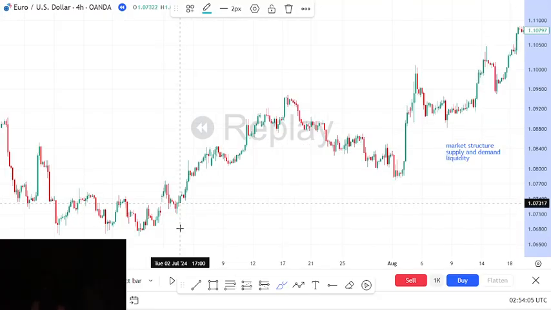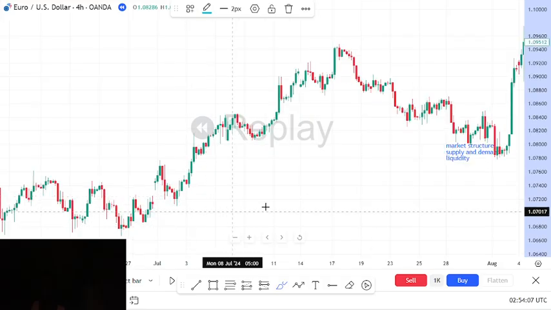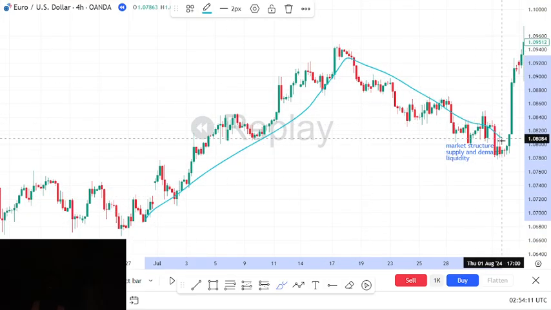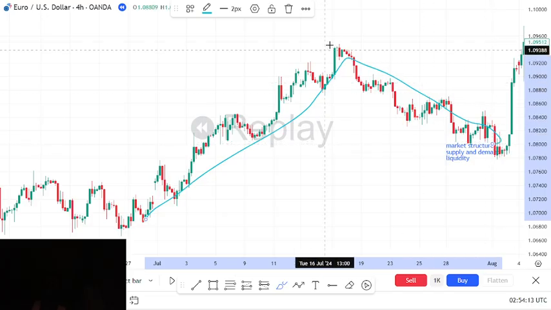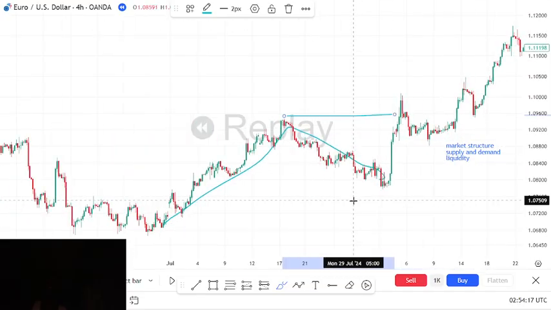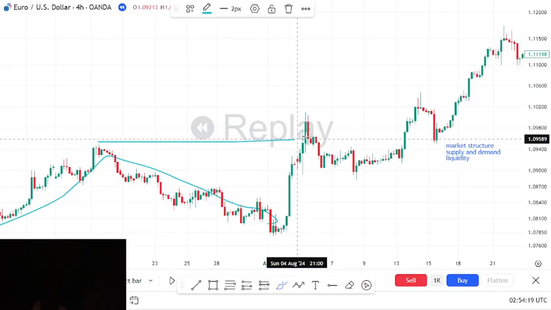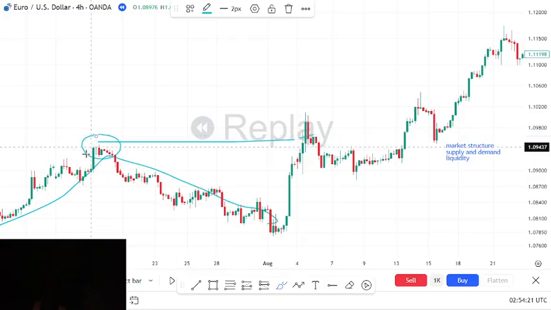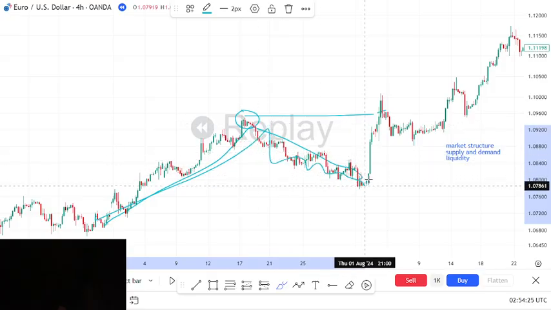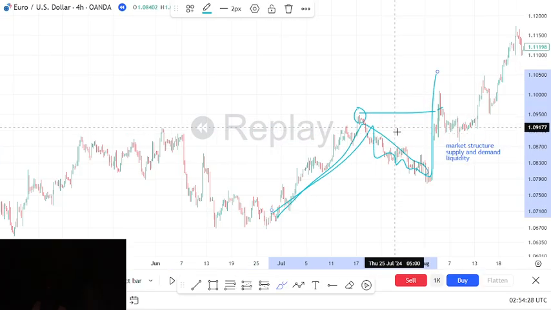Looking at this, we had this impulsive move, we had a corrective structure, and then this side was what? This side was sticking. So we had this impulsive, we had this corrective continuation.